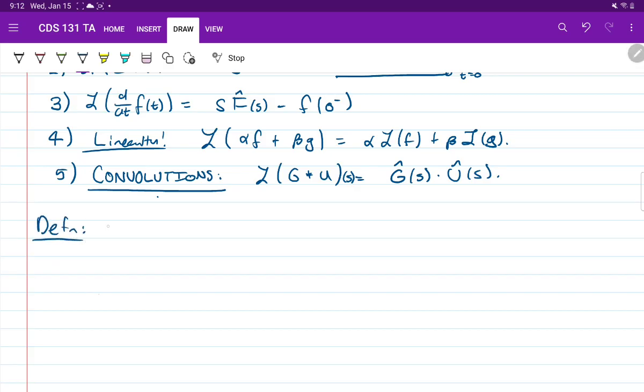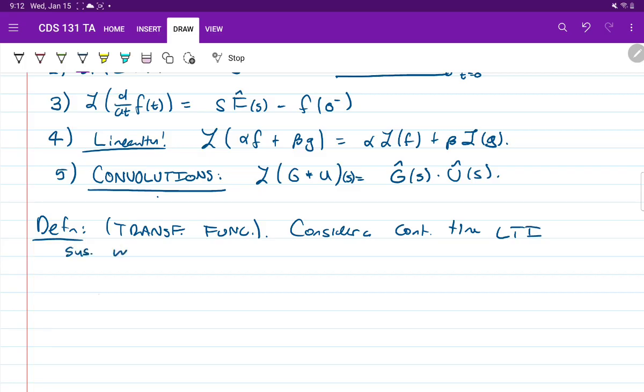So, definition, the transfer function. Consider a continuous time LTI system with impulse response map H. This is the LTI impulse response map.